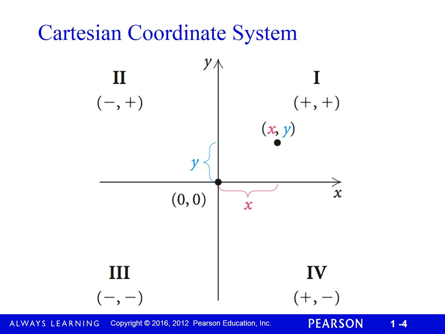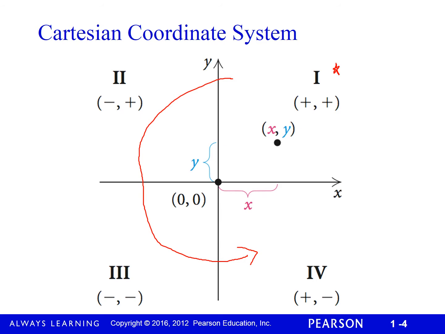You know the Cartesian coordinate system, also known as the xy plane, also known as the rectangular coordinate system. And so there are 4 quadrants starting in the upper right and going counterclockwise. That's the positive direction in math, the counterclockwise direction.